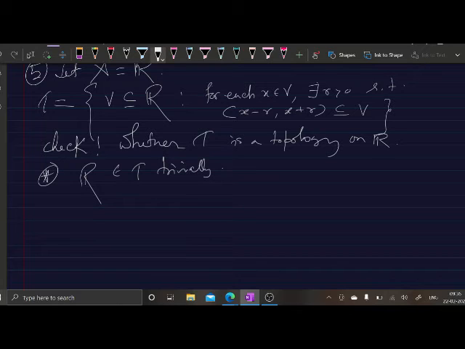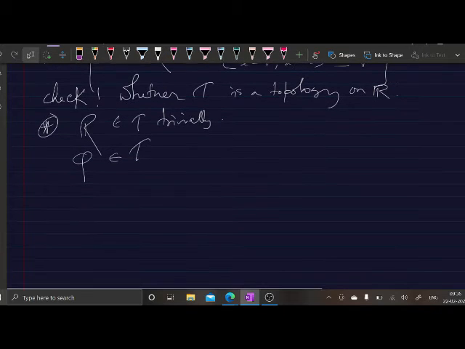If you take phi, since it doesn't contain any point, it must be in tau. You cannot show a violation, so the property is vacuously true. So R and phi belong to tau.